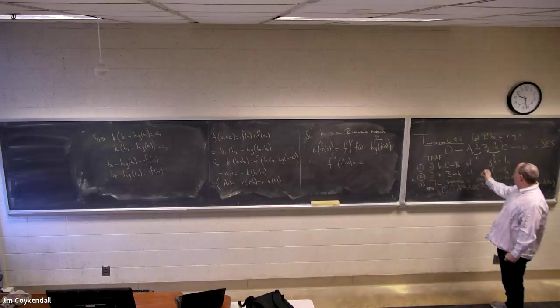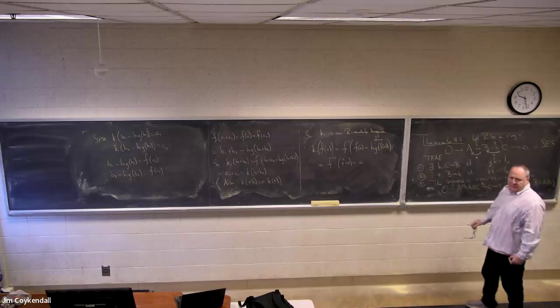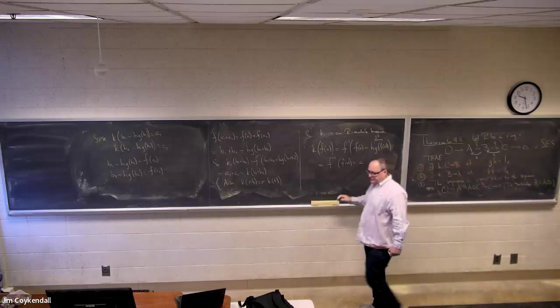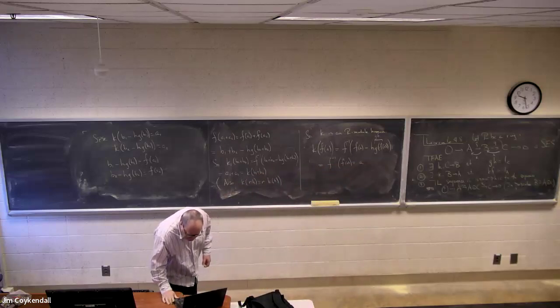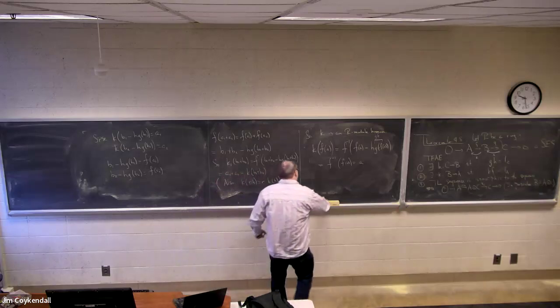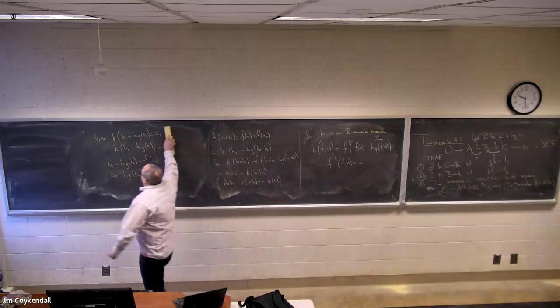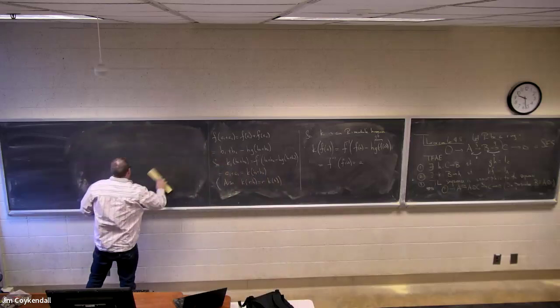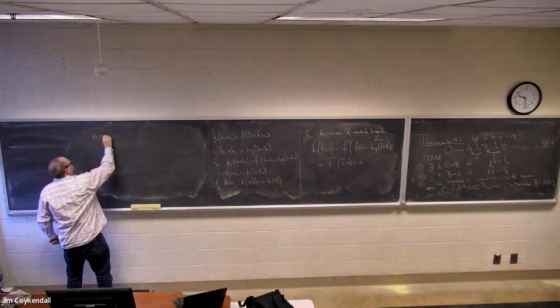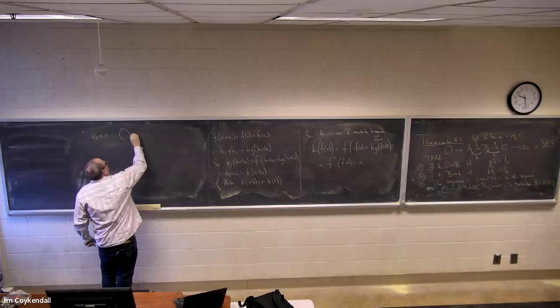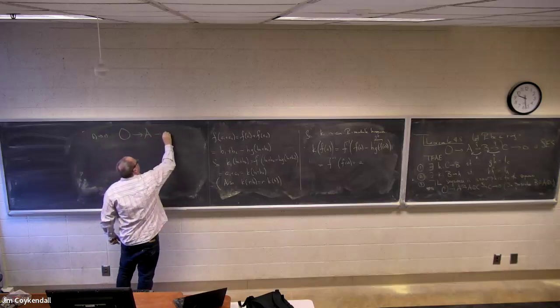Now I want to show that if I have the splitting here, then I get this sequence as isomorphic to A plus C. Let's do this. So we have to sketch this horizontal sequence again.